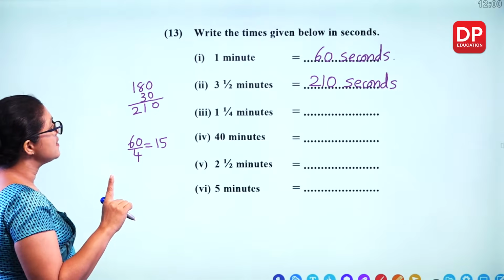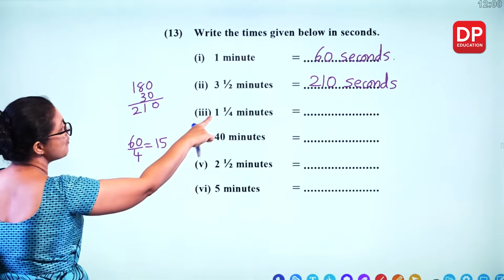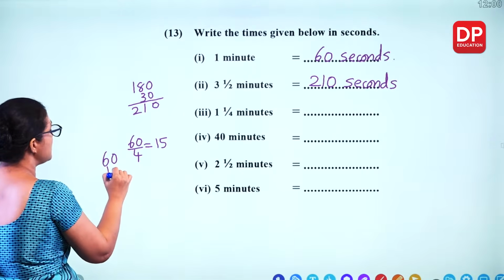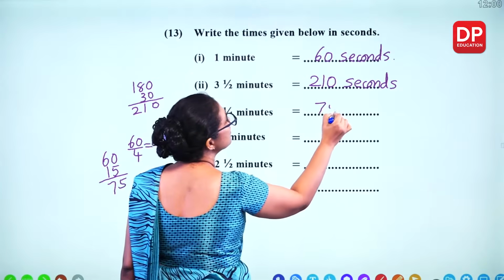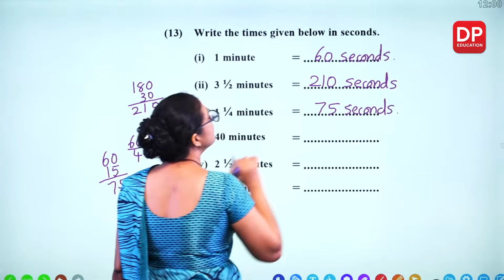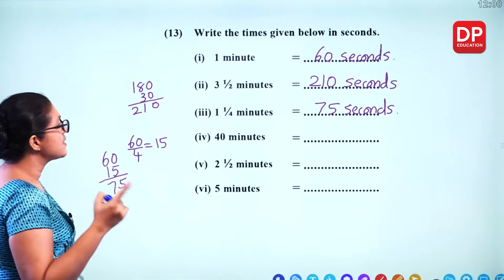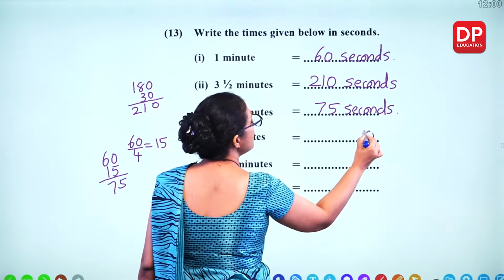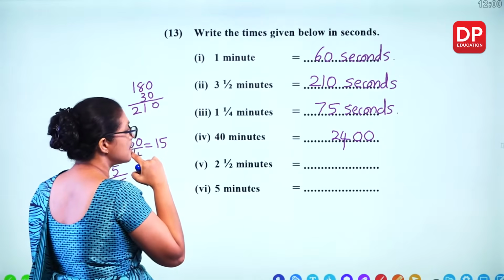15 seconds. What's that? 15 seconds and 1 minute means 60. 60 plus 15, you get 75 seconds. Then 40 minutes, 40 times 60. So 4 times 6, 24.